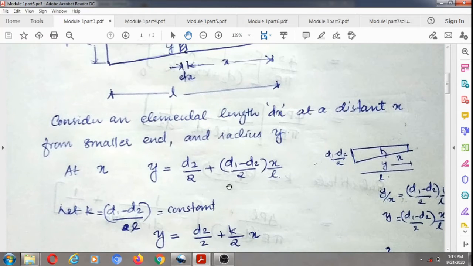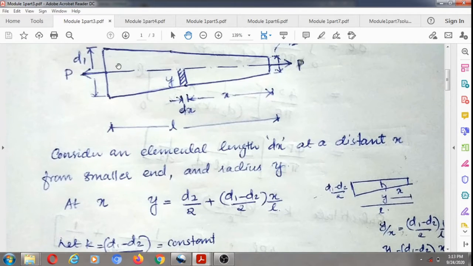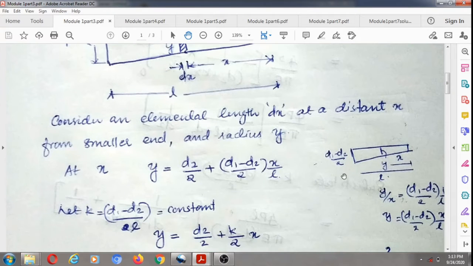So y is D2 by 2 plus that increment value. You can find the increment by making a segment like this, with D2 by 2, then this y, at a distance x. Then you can find that small increment in terms of x and L. That small increment is equal to D1 minus D2 by 2 multiplied by x by L.